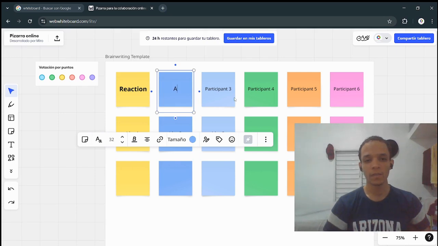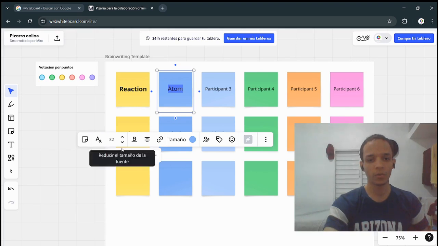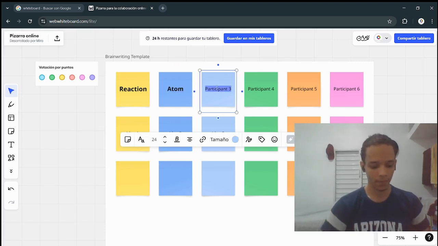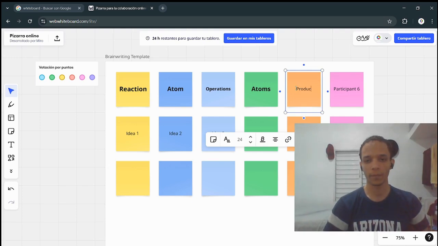This is going to be atom, and the atom is also bold, and here this is going to be operations. This is going to be bold, and let's put it kind of smaller, and put atoms again here. We're going to put it bigger, bold, and here let's put products, for example.